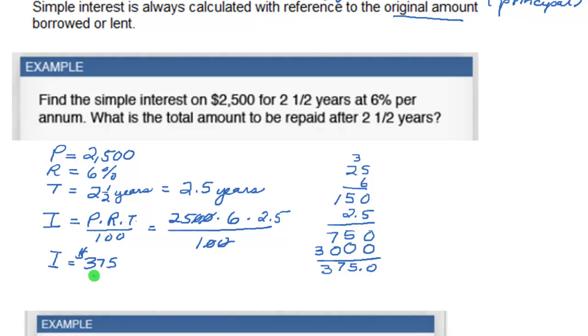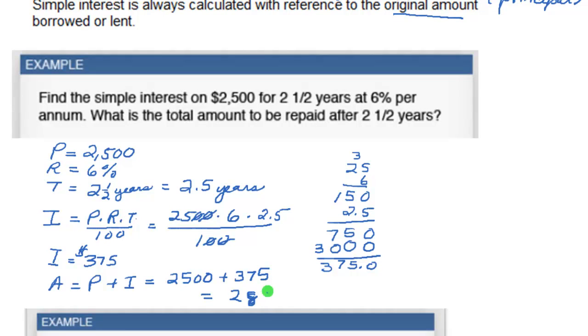The total amount repaid after 2.5 years is the principal plus the interest. So your original 2,500 plus 375 is $2,875.